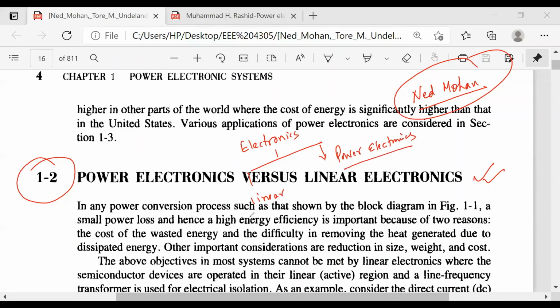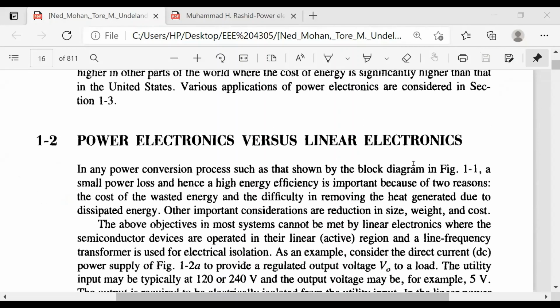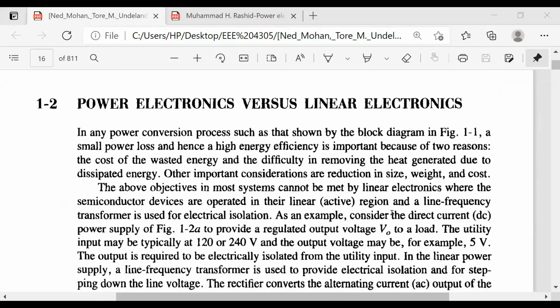In the last class, I told you what are the differences between linear electronics and power electronics, or what are the advantages of power electronics over linear electronics. Did I do that? Did I list it? Hello. Yes, sir. So now, today I am giving you some examples from the book.